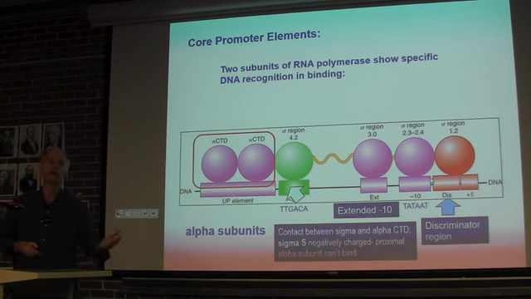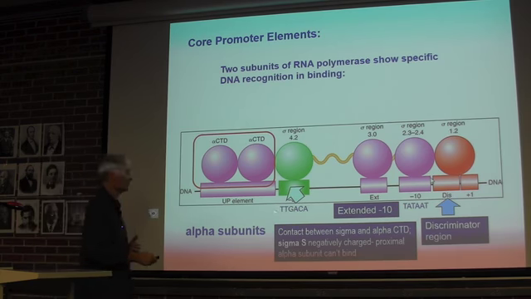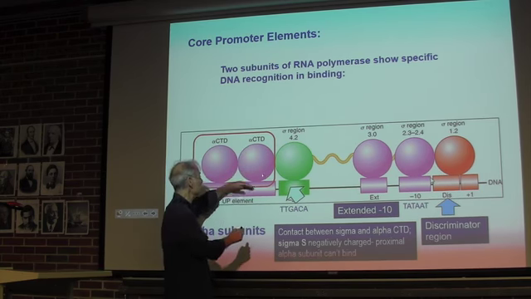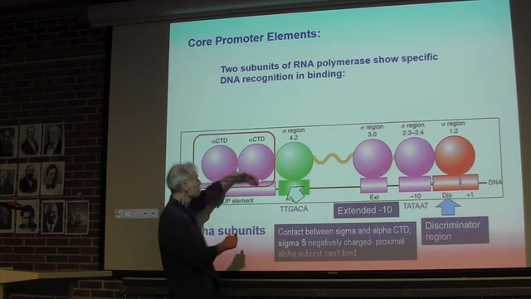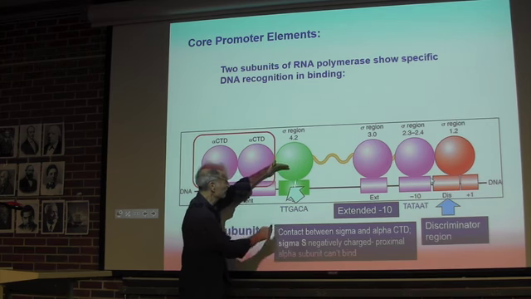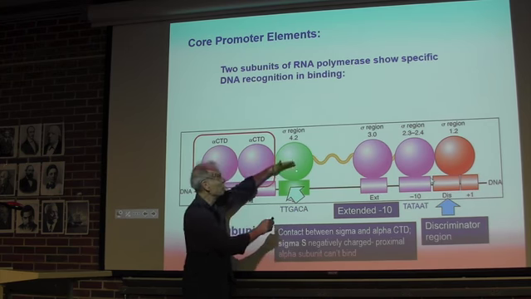So they need a little help. They need an accessory protein so they can be regulated. Positive and negative transcription factors serve that role. And this is one of the ways alpha, if it's able to bind a UP element, sometimes there'll be something on the UP element so it can't bind, and then this kind of interaction can't occur, and now this poor minus 35 has a hard time holding sigma.